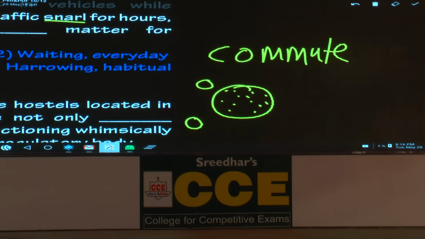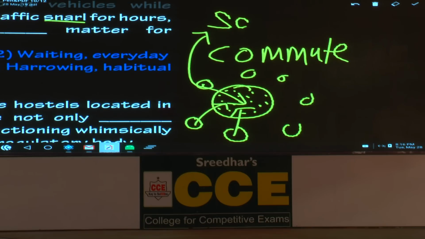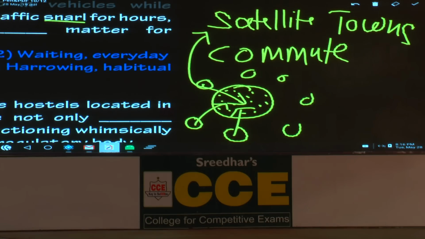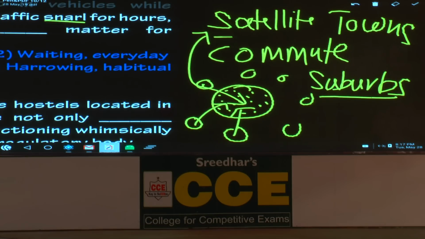Then what happens, in and around this major city, a few small towns start developing. And those who cannot get accommodation in the city live in these small towns, and every day they commute to the city. And these towns are known as satellite towns. There is another word. What is the word? We call them suburbs. Satellite towns or suburbs.